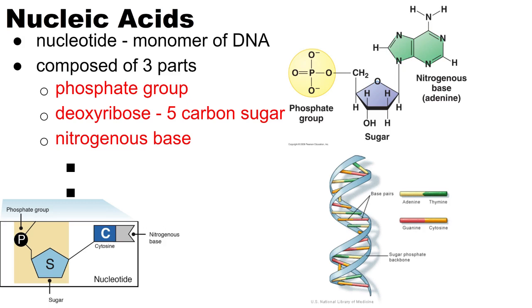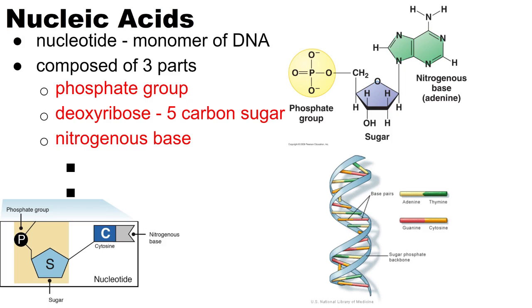So we have a phosphate group, we have a sugar, and a nitrogen base. Those three parts make up a single nucleotide. And our DNA molecule is made of thousands of these connected one to the other into a large molecule that we call DNA.